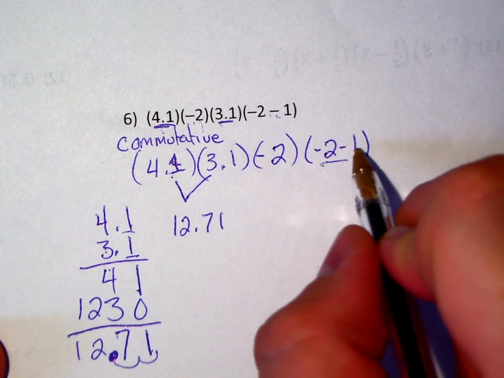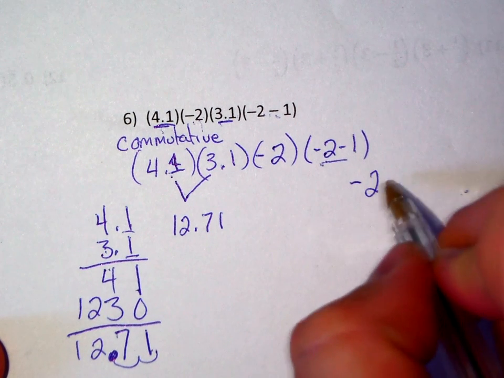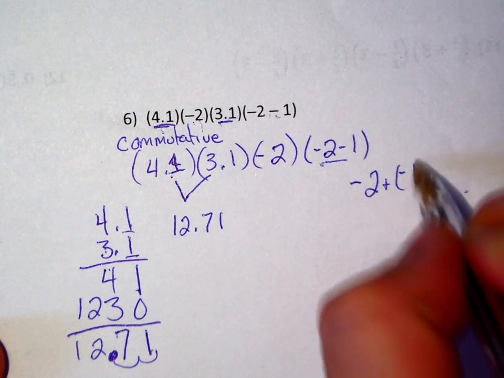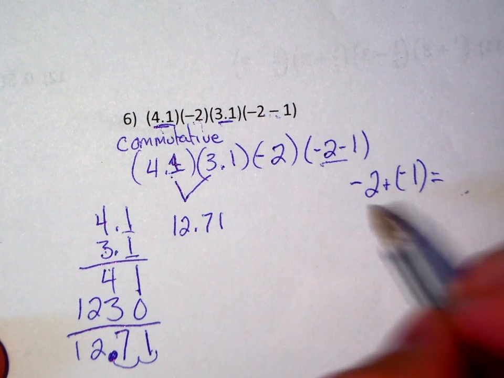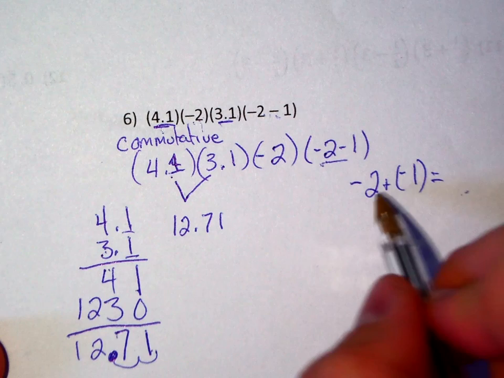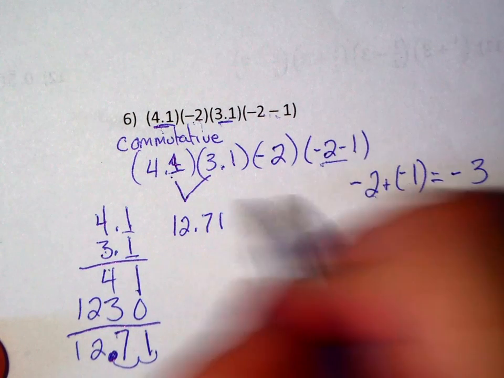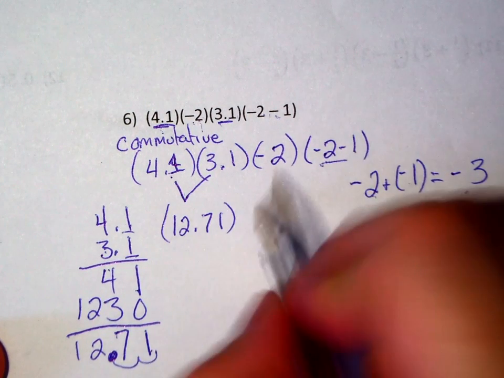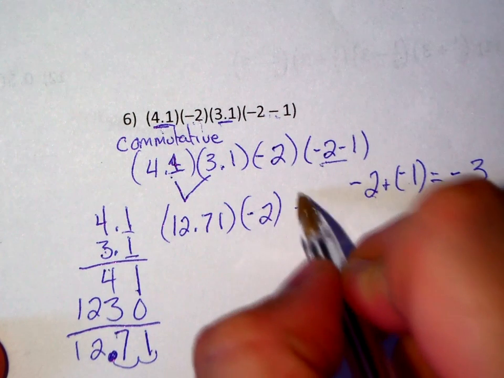Negative 2 minus 1. And again, that can be rewritten using additive inverse, negative 2 plus negative 1. Which makes it even clearer, if you didn't see it already, that we are going further into the negatives. 2 plus negative 1 is negative 3. So now I have 12.71 times negative 2 times negative 3.